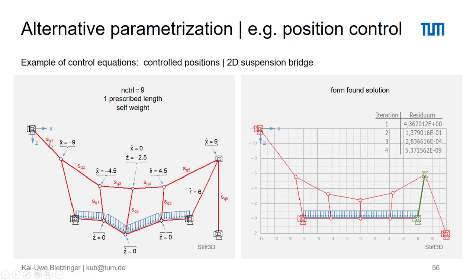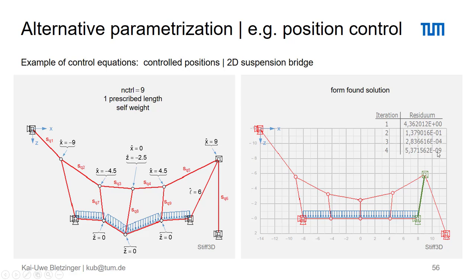So we have in total 9 conditions which we have to control, and for that we introduce selected elements where we define the respective 3 scaling factors. Additionally, we would also like to control the length of the post, and that is the result. You see it nicely converges in 4 iterations with a quadratic convergence.